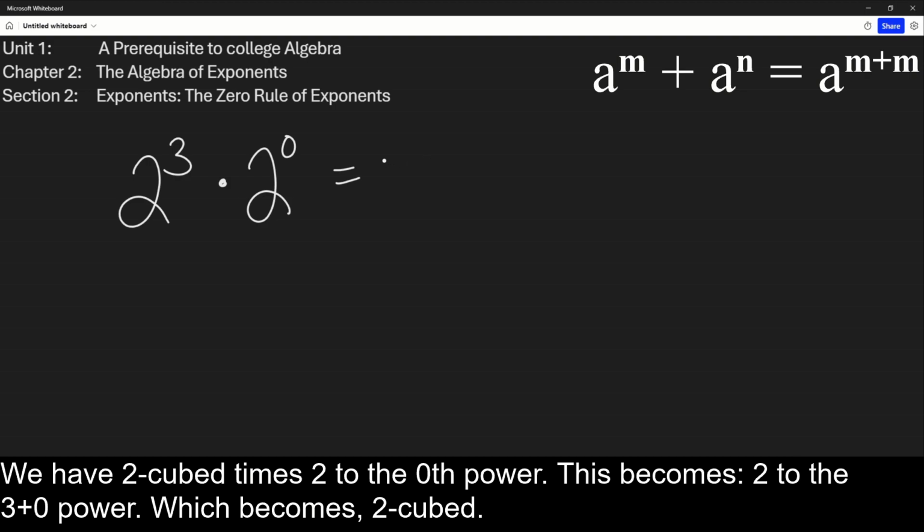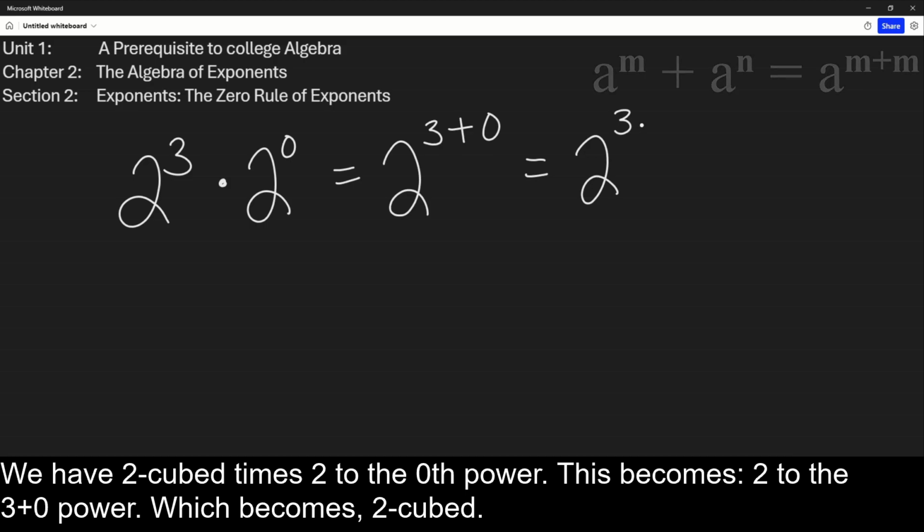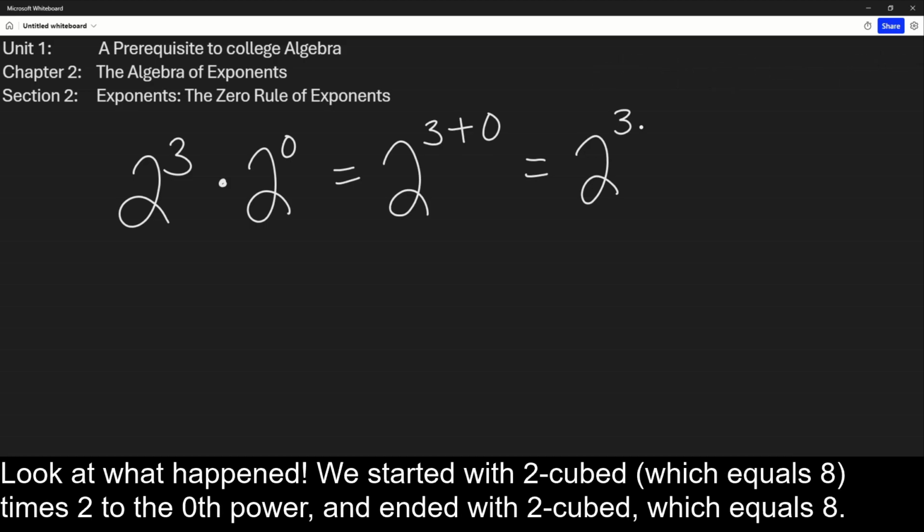This becomes 2 to the 3 plus 0 power, which becomes 2 cubed. Look at what happened. We started with 2 cubed, which in turn equals 8, times 2 to the 0th power, and ended up with 2 cubed, which equals 8.